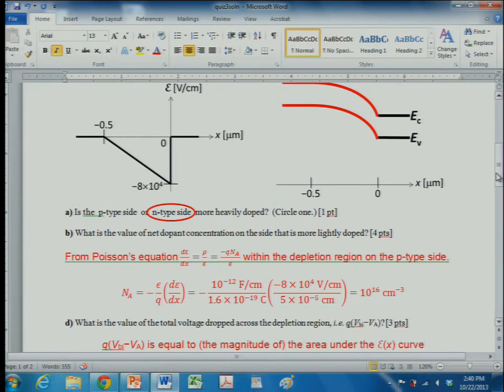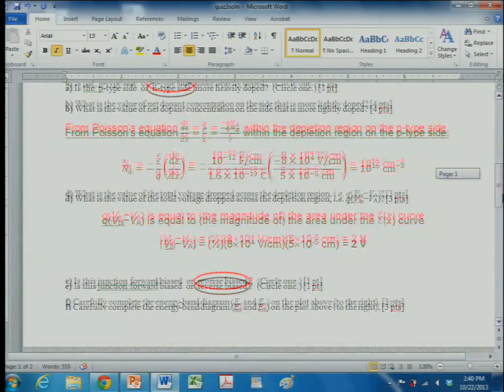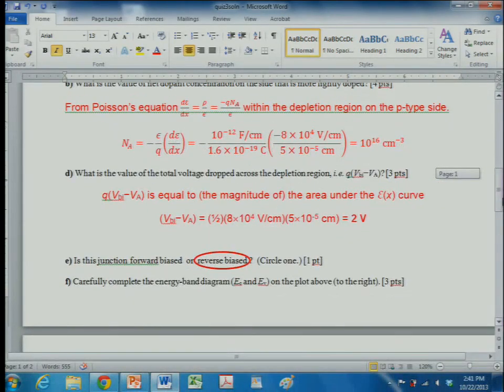Okay. Next time you could ask for the more lightly doped. Okay, so next time I should ask which side is more lightly doped. I read it both times as lightly doped, so I just feel really dumb about it now. Okay.